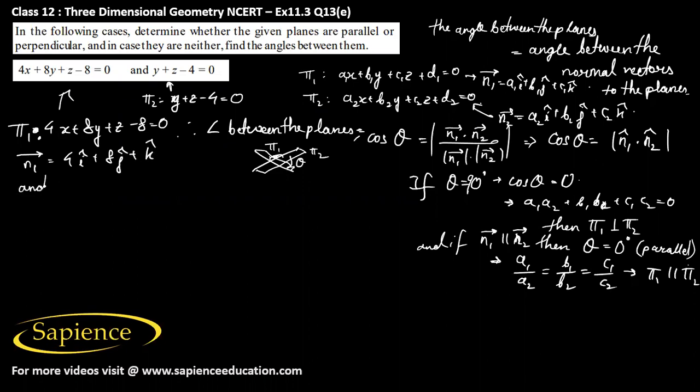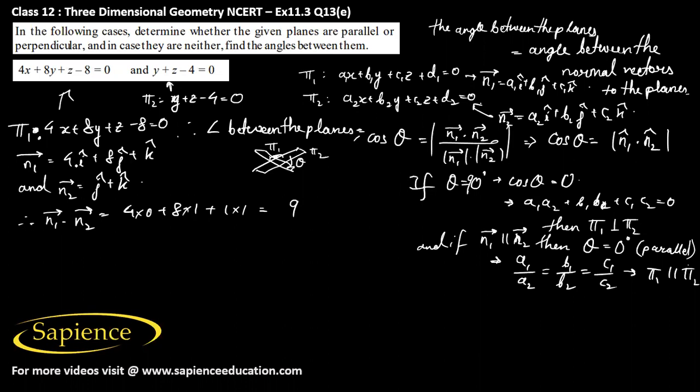And the n2 vector is given as 0 i cap plus j cap plus k cap. So therefore here n1 dot n2 is equal to how much? That is 4 into 0 plus 8 into 1 plus 1 into 1. So that is 9.